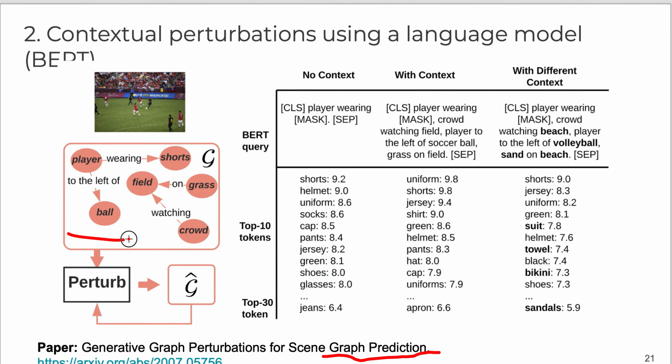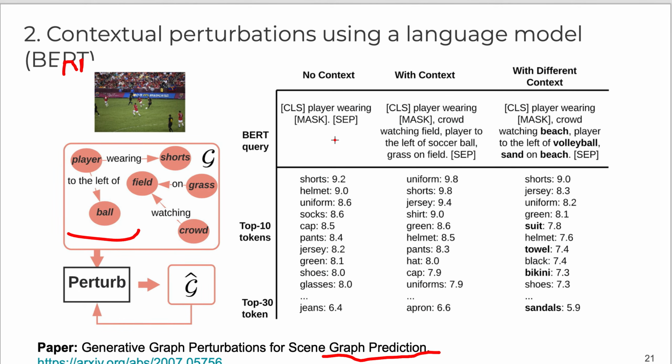So, for example, given some ground truth annotated scene graph, we perturb it using a language model, and we create a new scene graph based on that. We perturb scene graphs based on BERT in this work, but other language models can be tried.